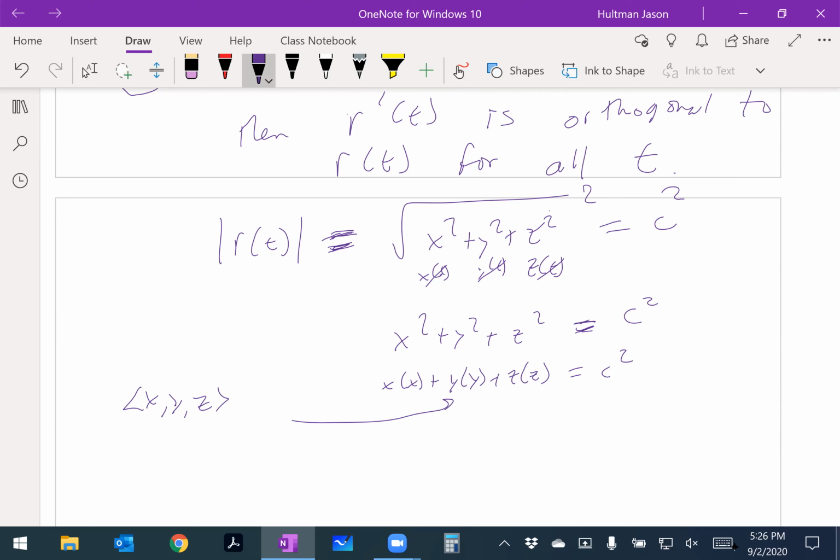How do we turn vectors into scalars? Dot product. Thank you, Armando. So isn't this guy just dotted with himself? Does that make sense? Yeah, that makes sense. Isn't this just x, y, z dotted with x, y, z, equal to c squared?